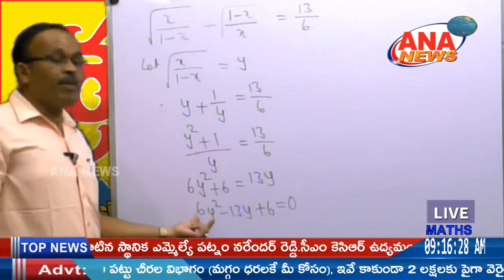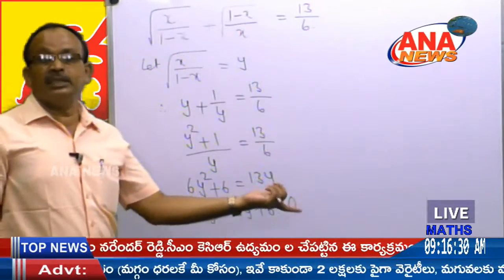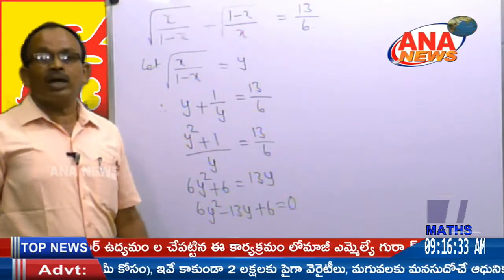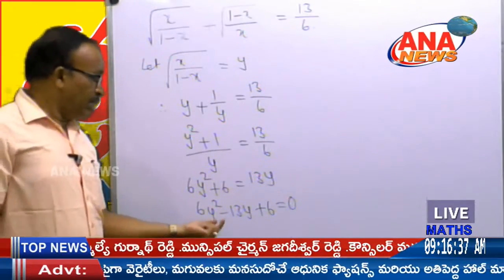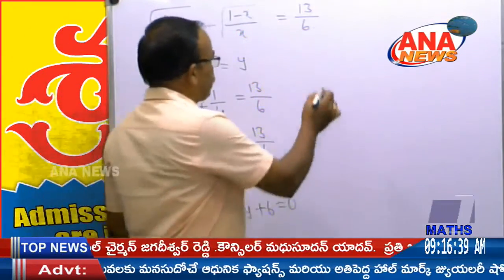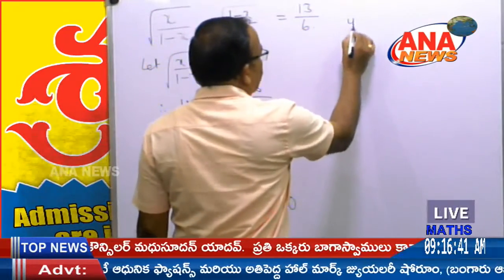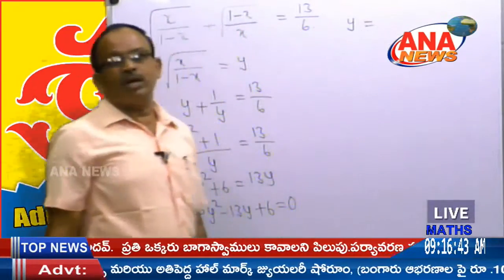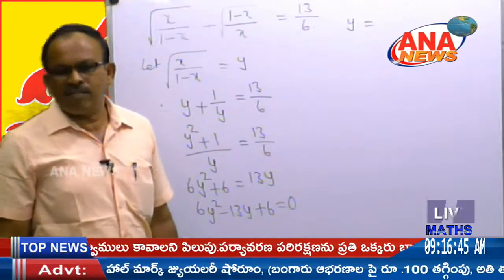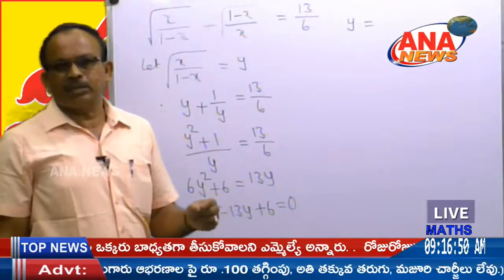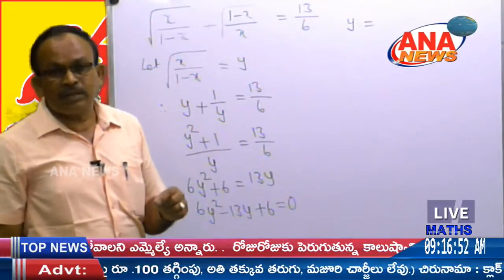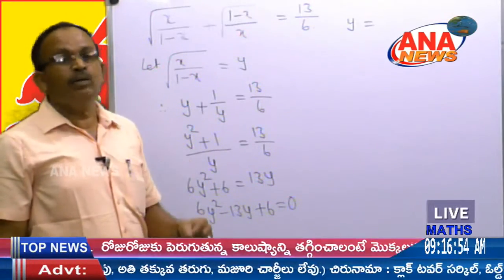Now it is in the form of ax square plus bx plus c is equal to 0. It is a quadratic equation. Now find the value of y. By using the formula, what is the formula? The root is equal to minus b plus or minus root over b square minus 4ac, by 2a.